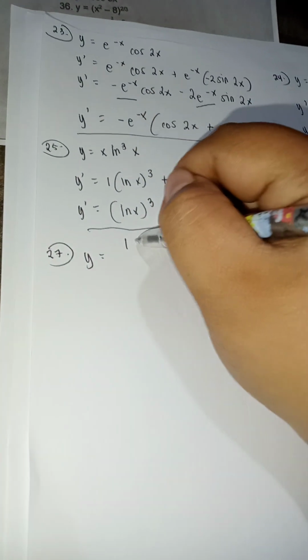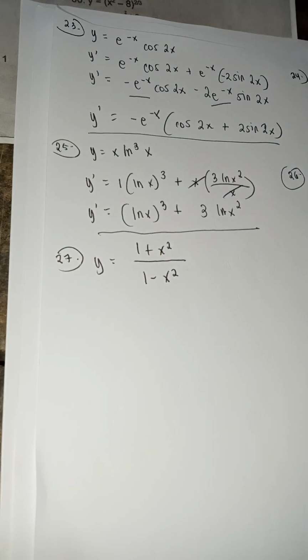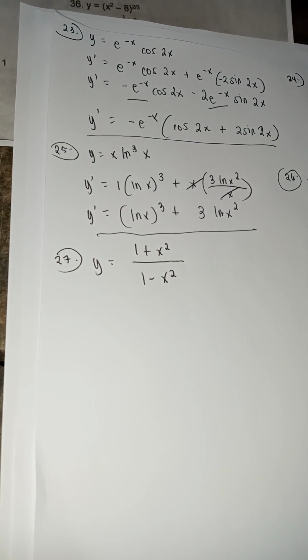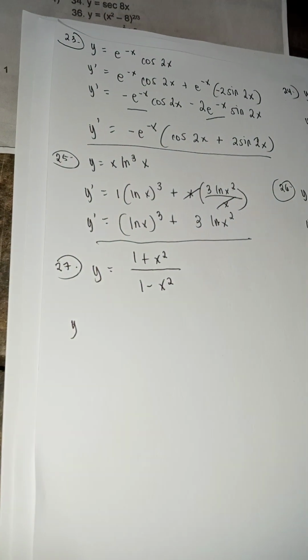Number 27. We have here the problem y is equal to 1 plus x squared over 1 minus x squared. Apply the quotient rule: v du minus u dv over v squared.